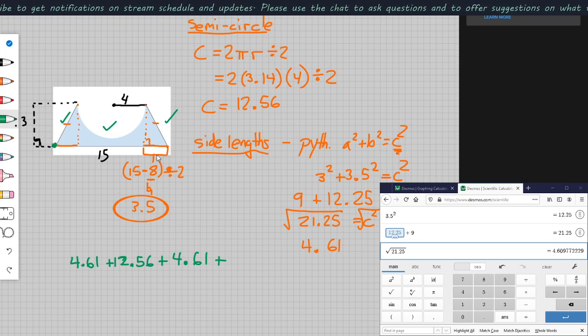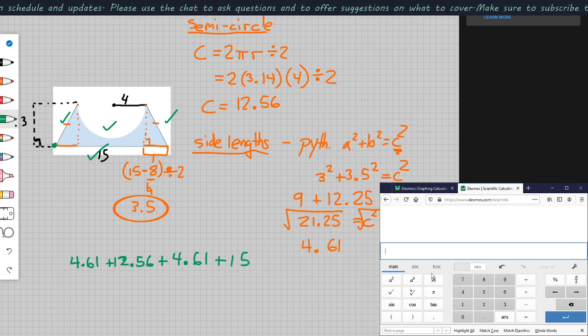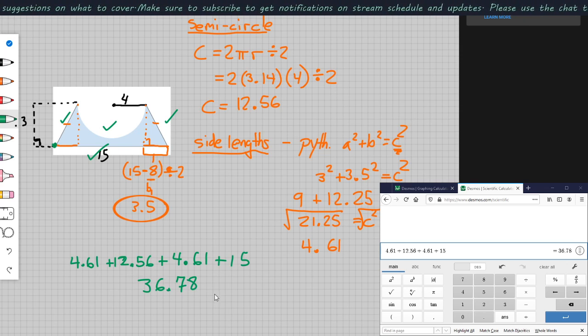And then the last thing I need to add is this bottom distance, which is 15. I'm going to add that. So you're going to put that all in your calculator. And you get 36.78. And that would be our final answer.